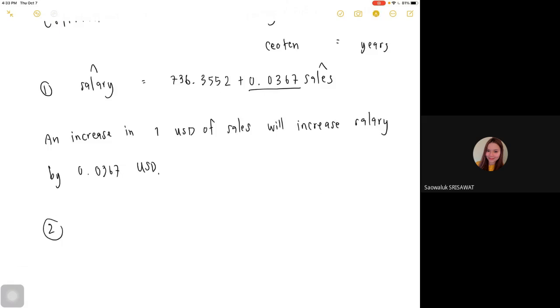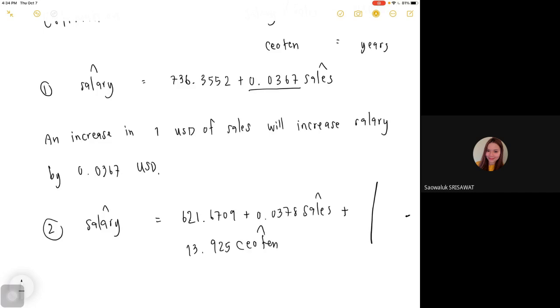And then the second estimation, you regress salary on both sales and CEO tenure. So you will get this. Right?